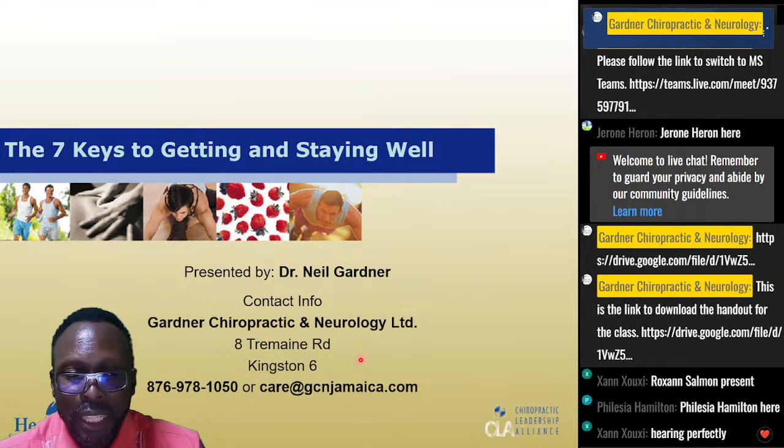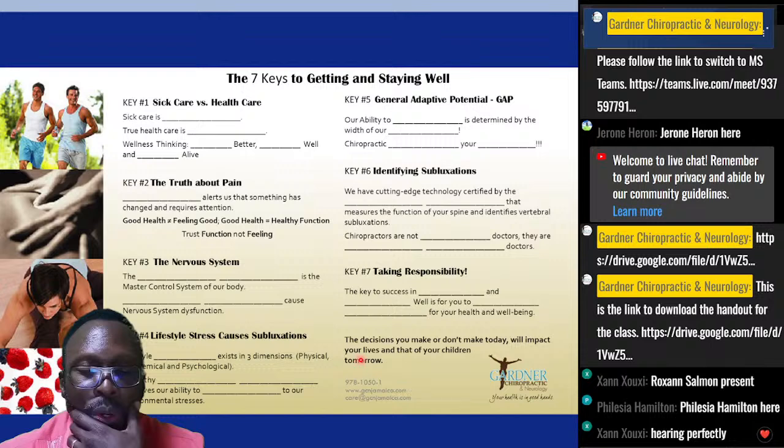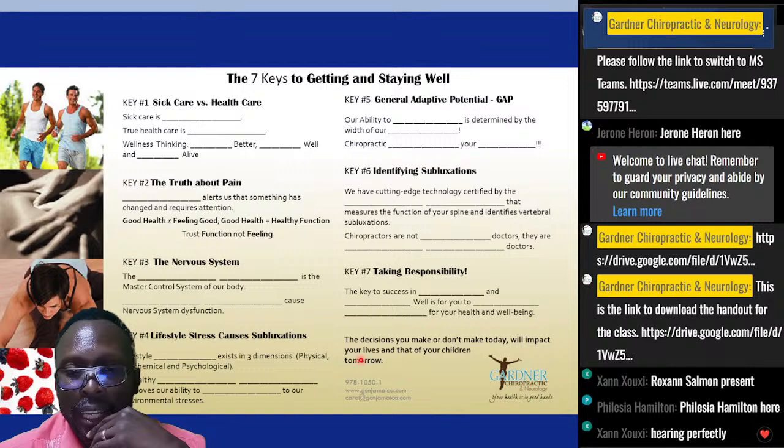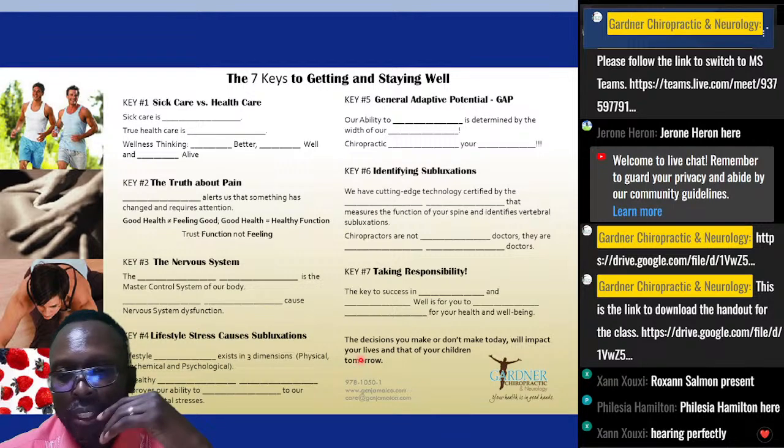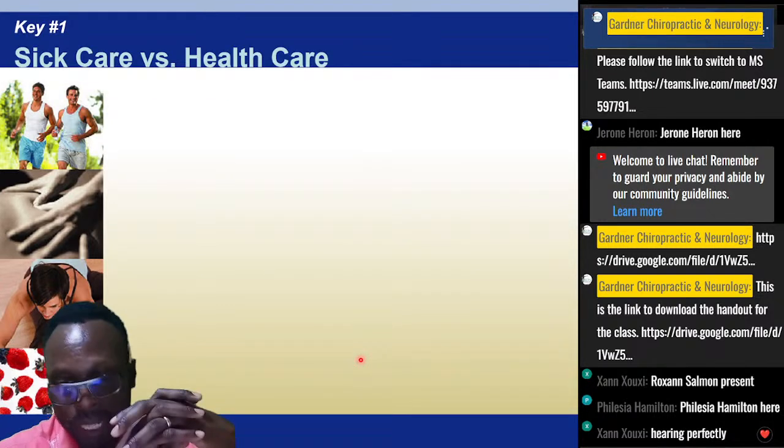The handout should look something like this, except that the blanks are already filled in for you. So click in the chat section for the link for the handout, so that you will have that available to you. So let us begin.